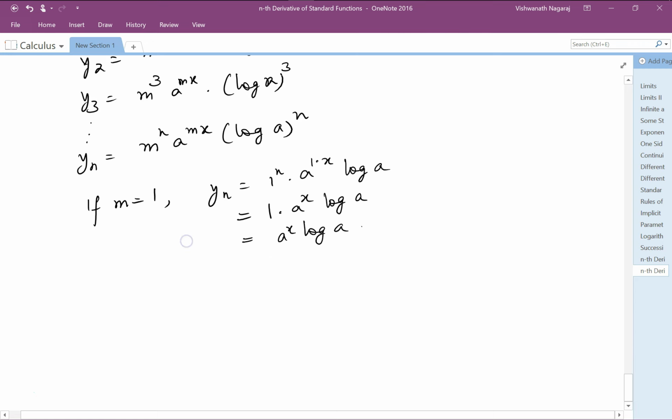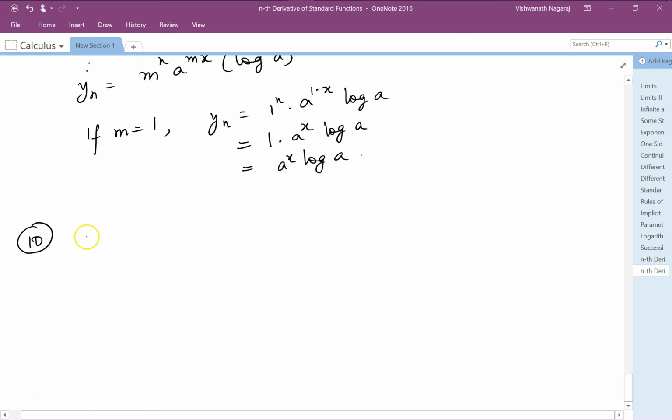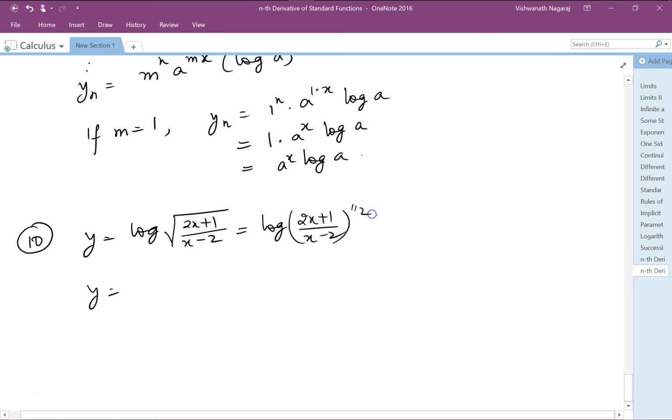Let's look at the next one. Okay, y is equal to log of square root of 2x plus 1 by x minus 2. Now remember, the moment you see a log, see whether you can simplify it first. So y is equal to, remember, this can be written as log of 2x plus 1 by x minus 2 to the power of 1 by 2.